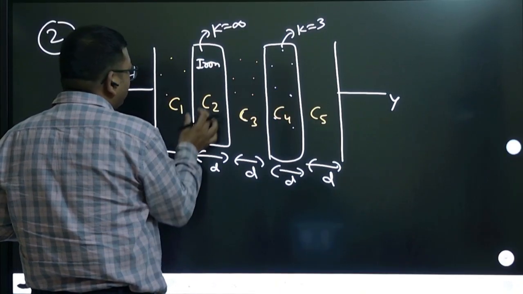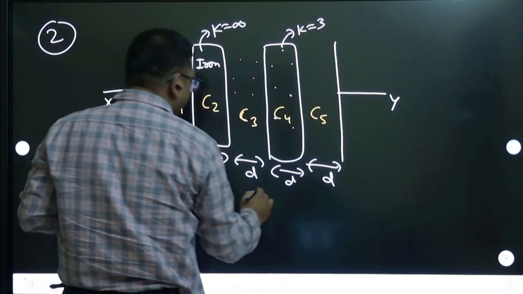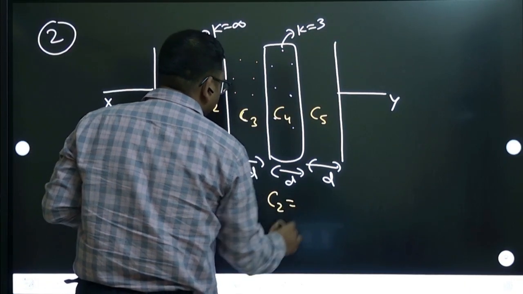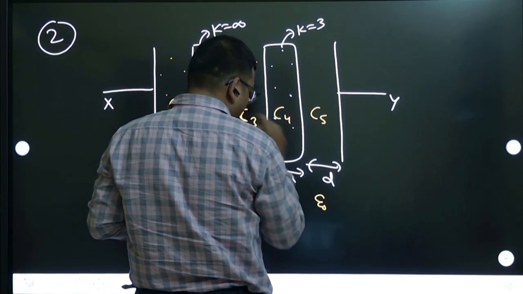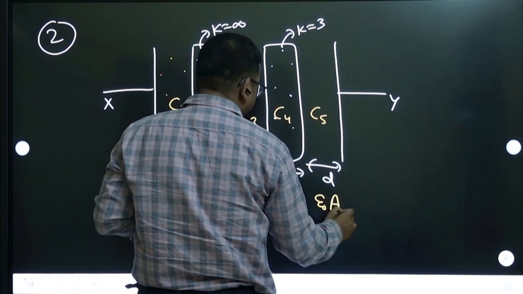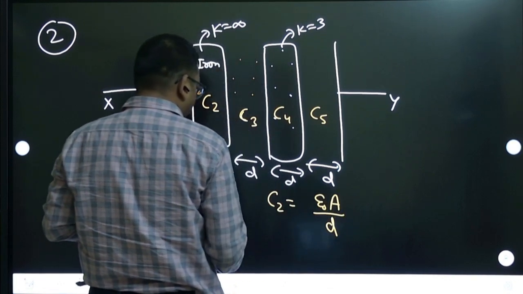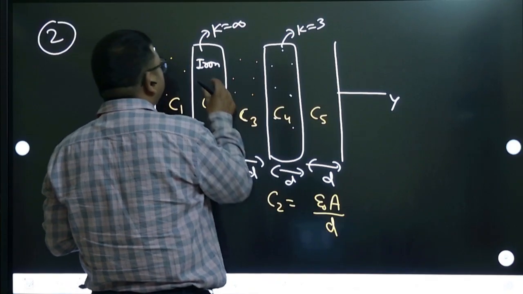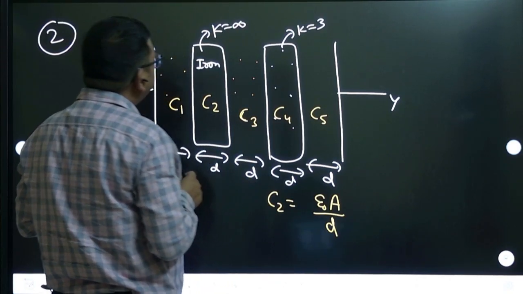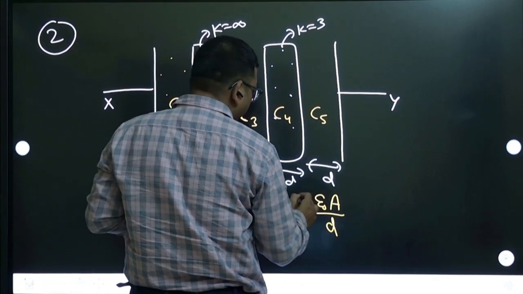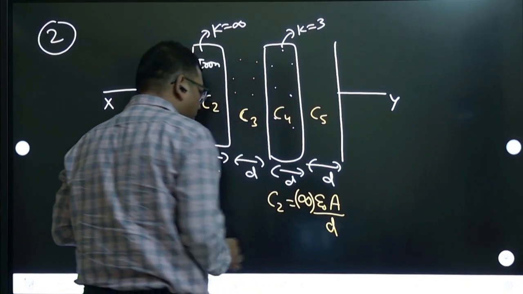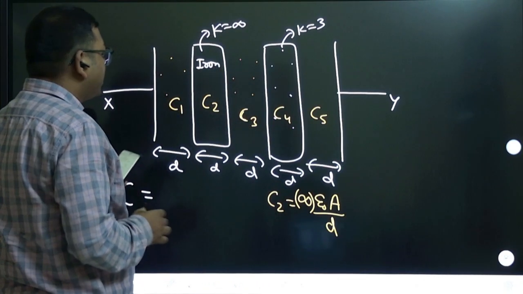So what will be this C2? Let us calculate C2. C2 is epsilon naught A by D, area is the same, distance is D. But here the medium has infinity, right? So K is a factor multiplied. Here you have to multiply by infinity.